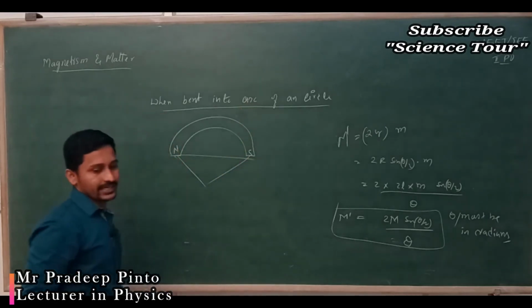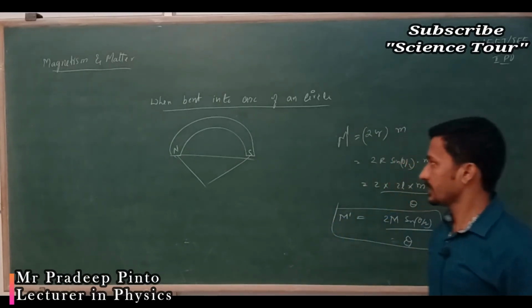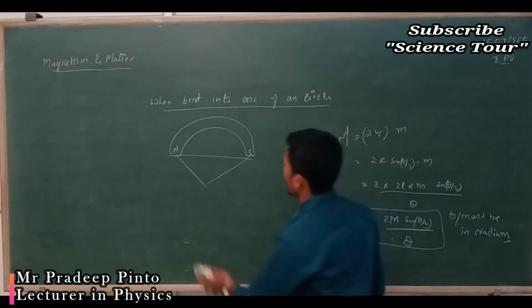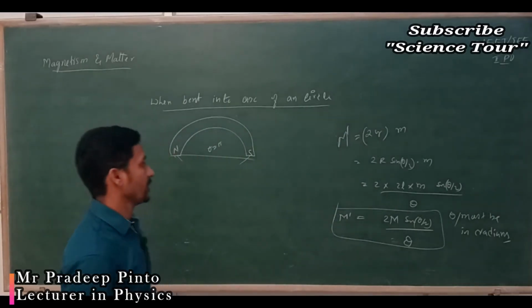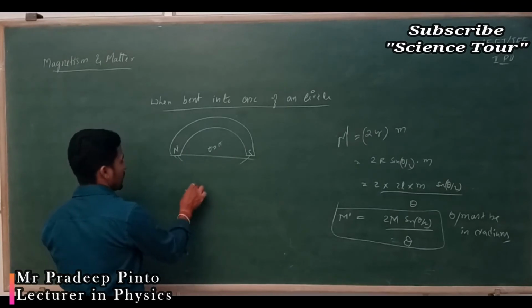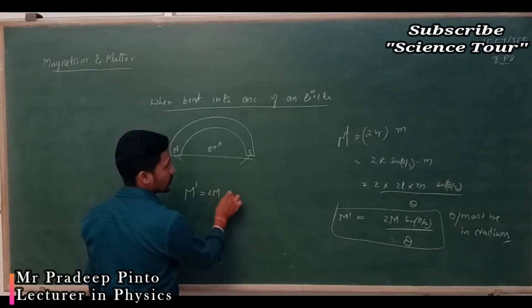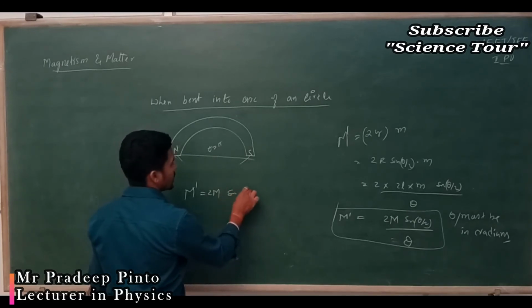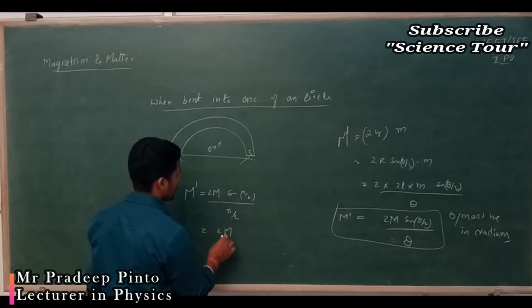Now you take the angle between them as pi. If theta is equal to pi, what is the value? m' is equal to m into 2 into sin(pi by 2), that is 90 degrees, divided by pi by 2, which is equal to 2 into m into sin(pi by 2) is 1, which is equal to 4 by pi.